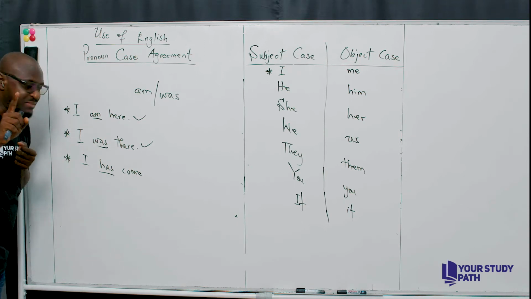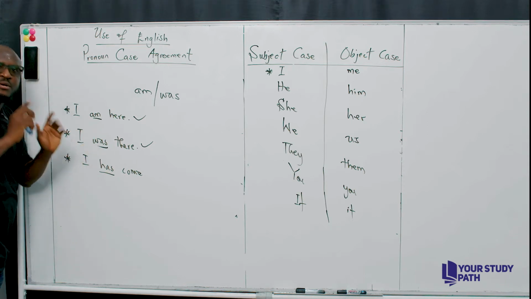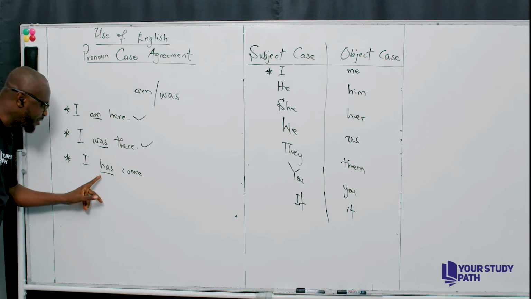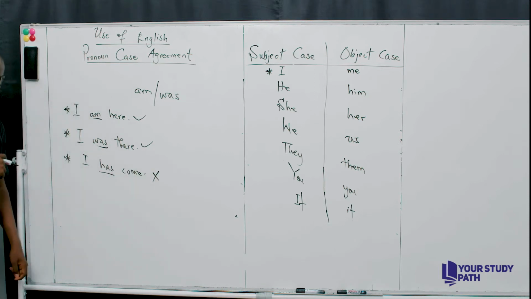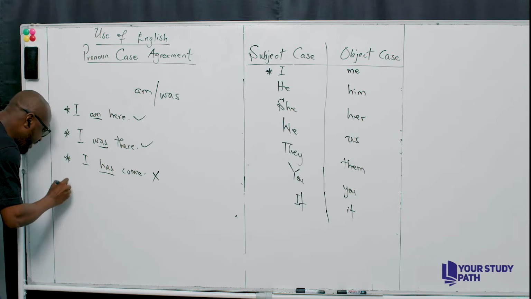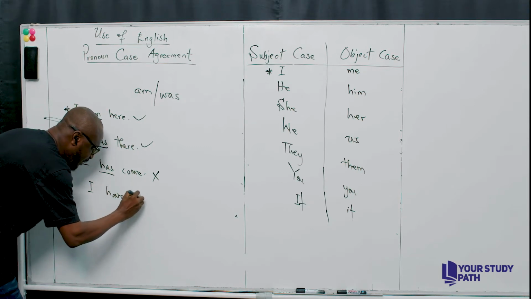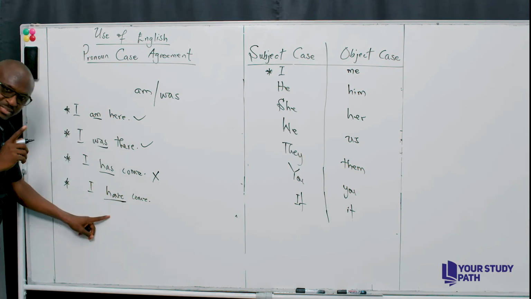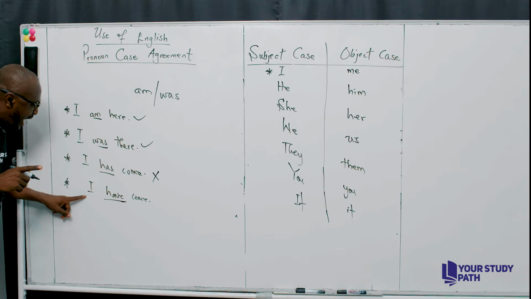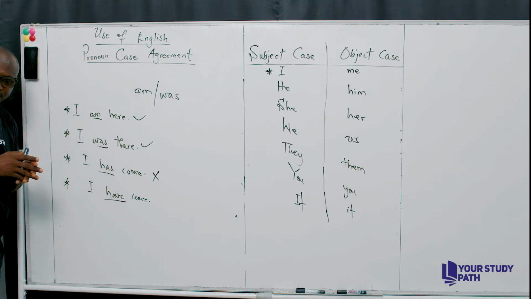The only singular verbs are "am" in the present or "was" in the past. So "I has come" is, of course, ungrammatical. Now we can say "I have come." This is fine. Why? Because grammatically, "I" should admit plural verbs in sentences. That's for "I."